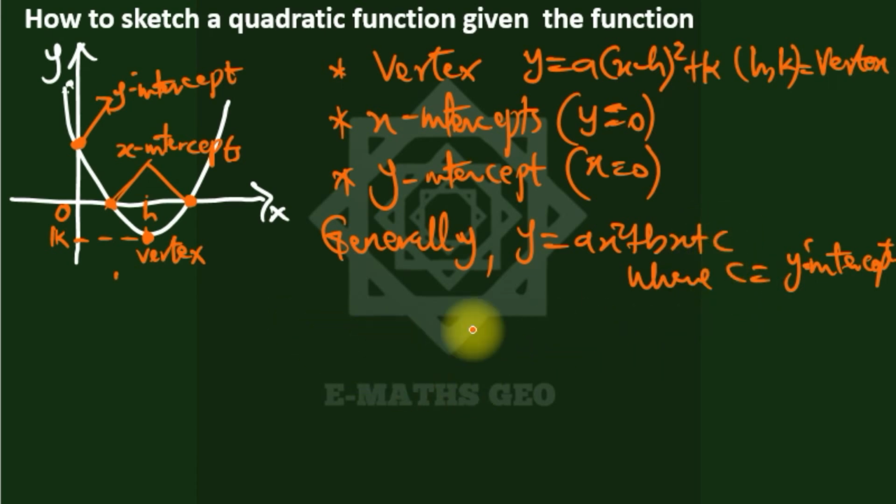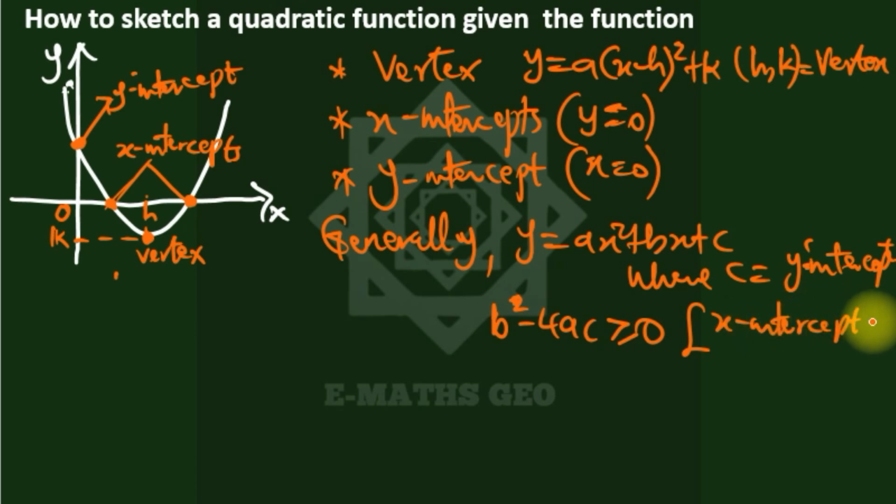And for this to have x-intercepts, b squared minus 4ac must be greater than or equal to 0. So that's the condition for a quadratic function to have x-intercepts. B squared minus 4ac must be greater than or equal to 0. That's real roots.